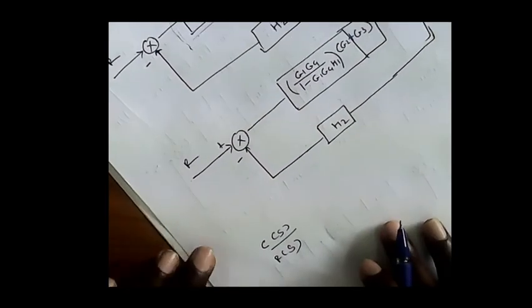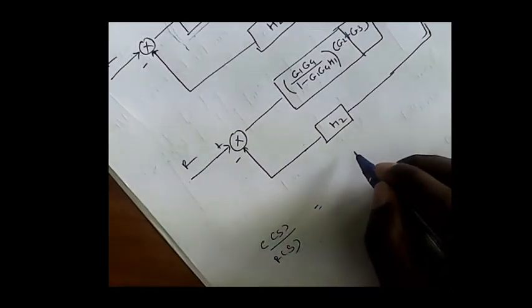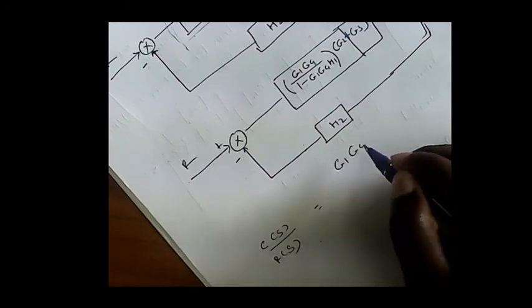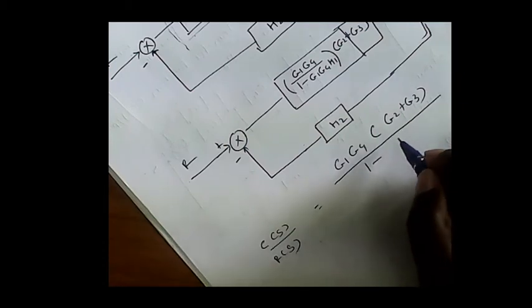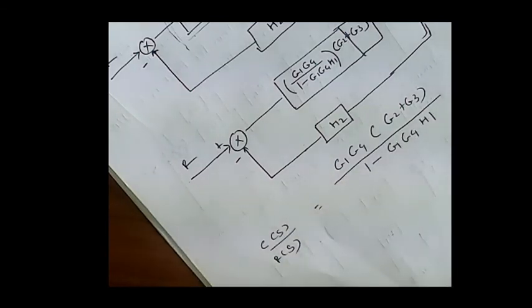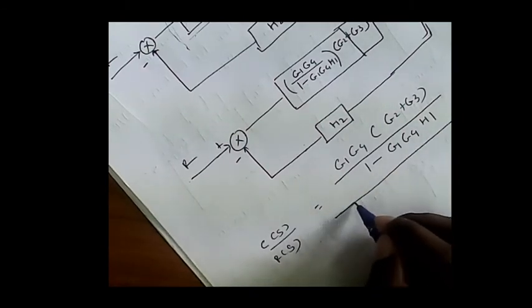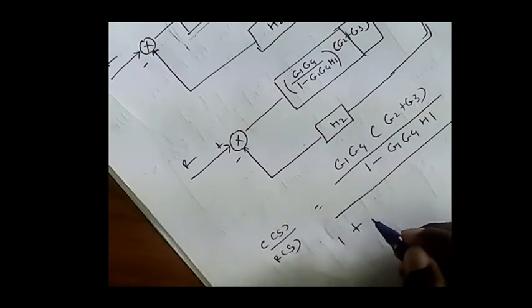C of s over R of s, which is nothing but the transfer function in Laplace, is G1 G4 into G2 plus G3, divided by 1 minus G1 G4 H1, divided by 1 plus.